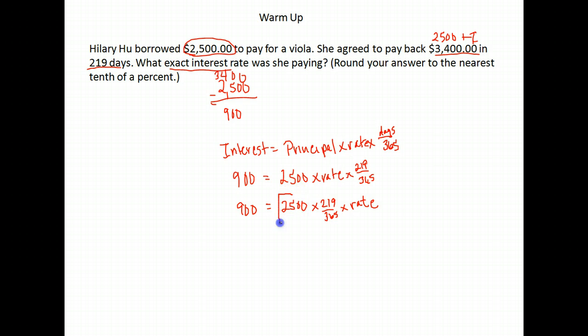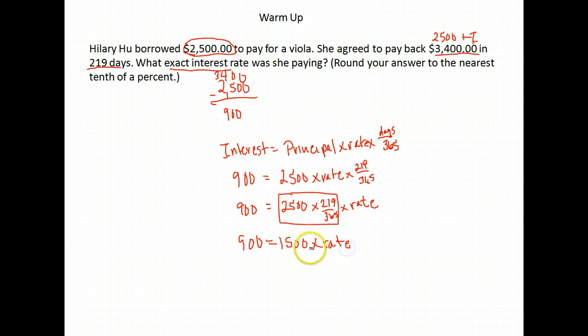Okay, so I'm going to simplify by calculating these amounts here. So I'm taking 2,500 times 219 divided by 365. When I do that, I get 1,500.